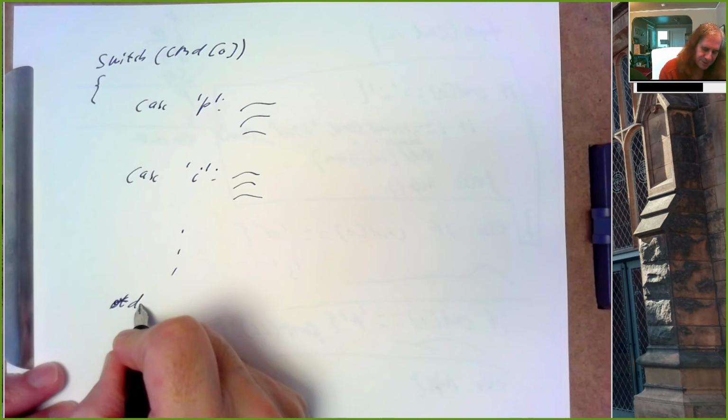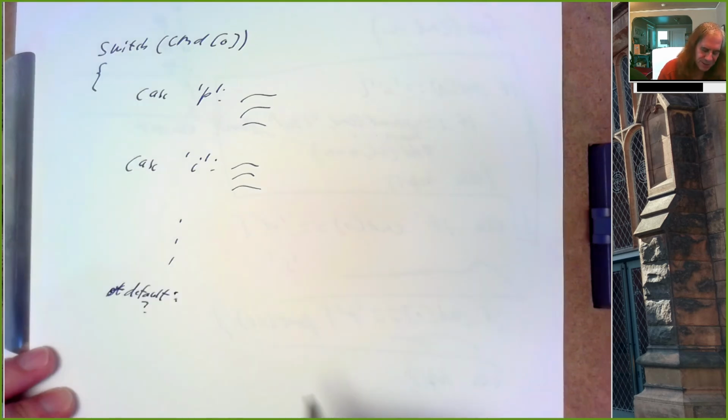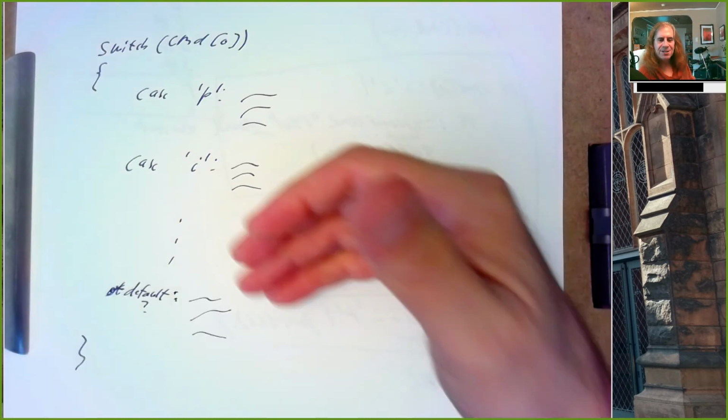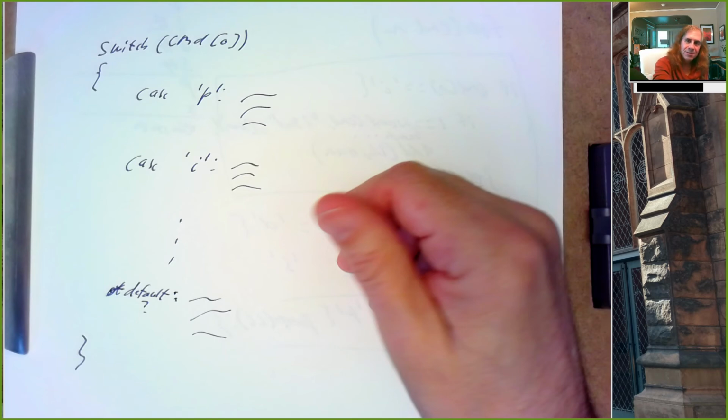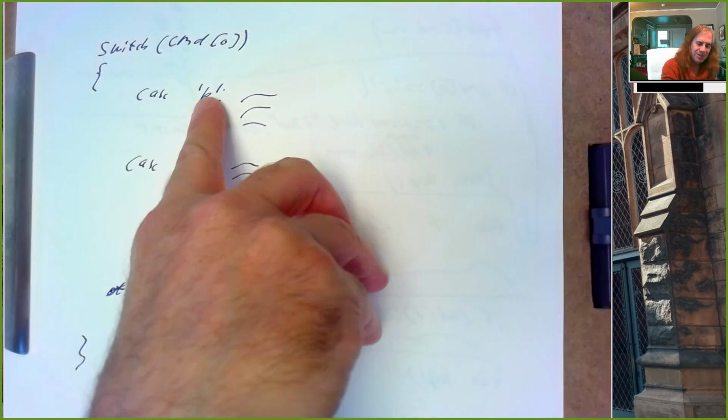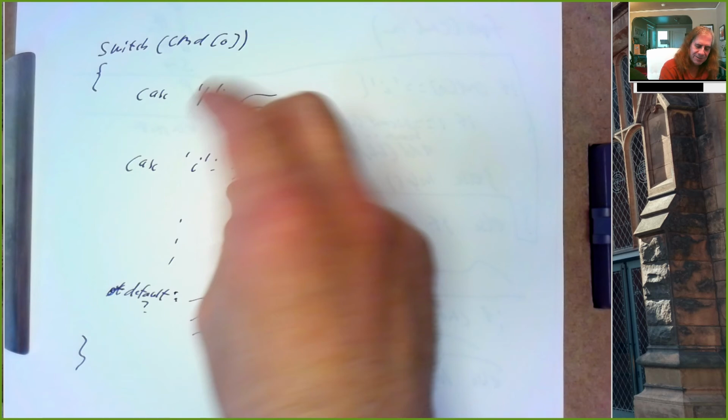I don't know if it's default or otherwise. I get confused between C and Java. Right? But this is a whole bunch of if-then else statements, right? It basically looks at this first character of your command. If it's a P, it will do all of this stuff. If it's an I, it'll do all of this stuff. You can set up a catch-all case where it's none of those cases above, and that's where you just print out your help function.